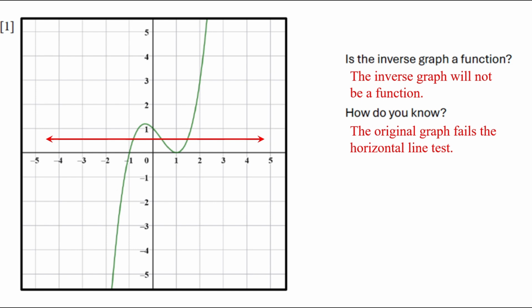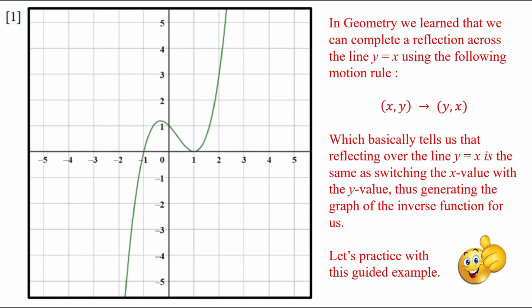And now we're going to generate the graph of the inverse function using the reflection across the line y equals x. Now, when you're in geometry, you studied transformations. When you study transformations like reflecting across the x or the y-axis, you learned motion rules. And then you also learned a transformation for reflecting across the line y equal to x.